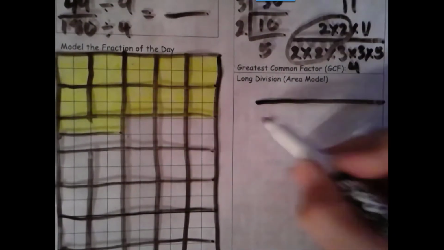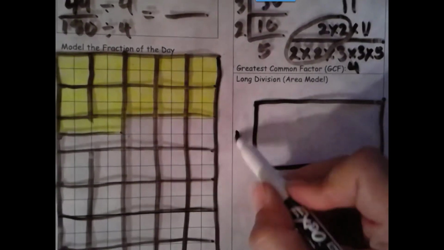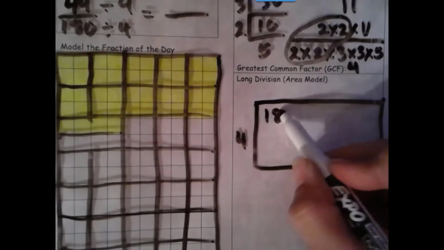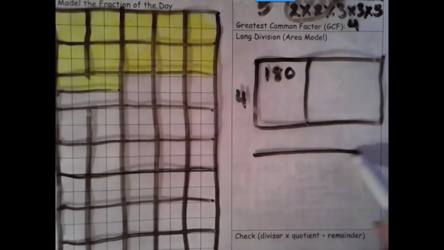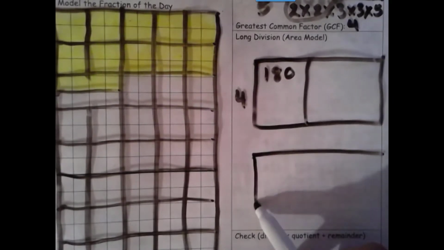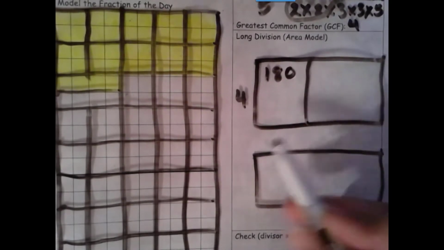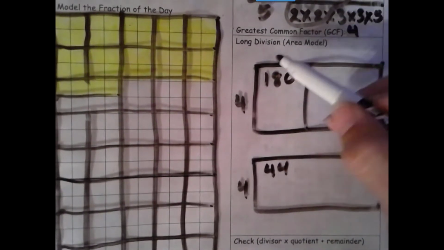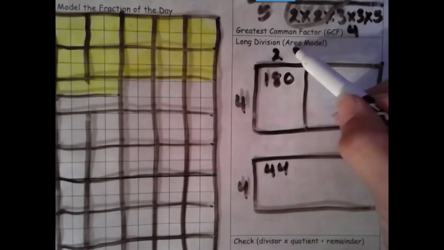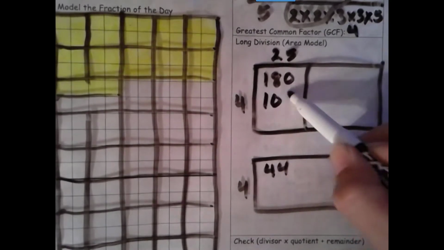So we're dividing using our area model, groups of 4. 180 divided by 4. Let's see, 4 quarters is 100 cents.